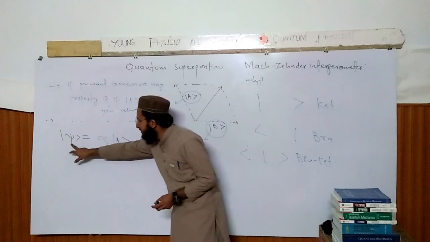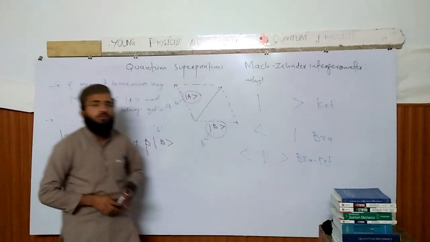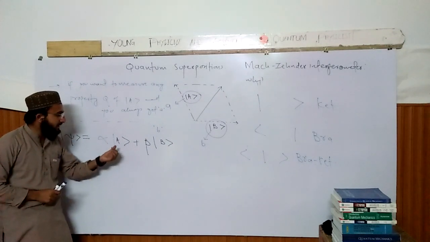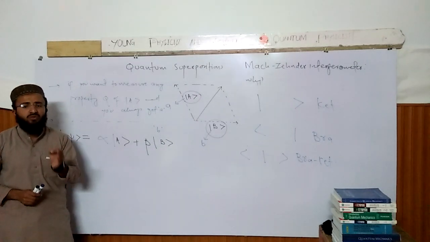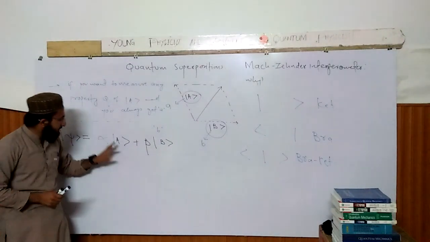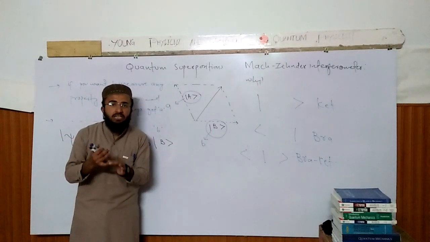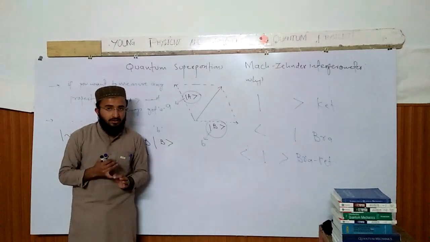Therefore, I used psi. So now the very important thing is: what is the result of this equation? My dear students, the result is very simple. This result means that we cannot get an intermediate state in quantum physics.